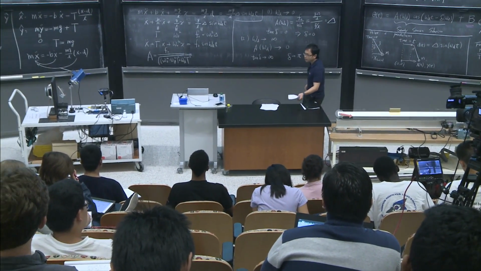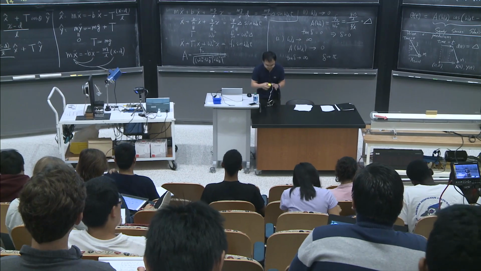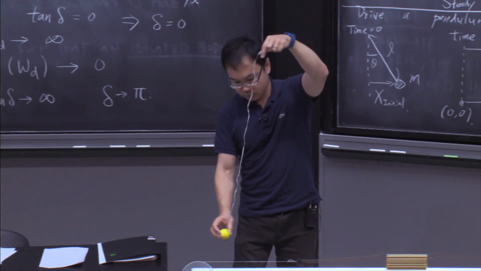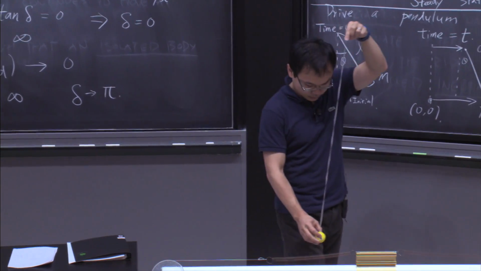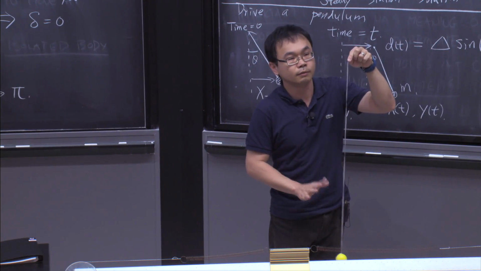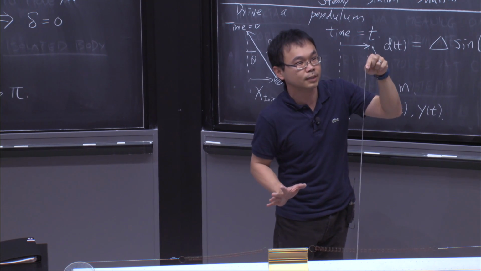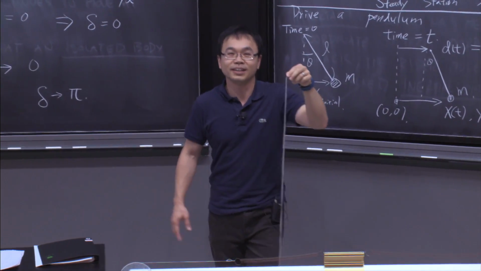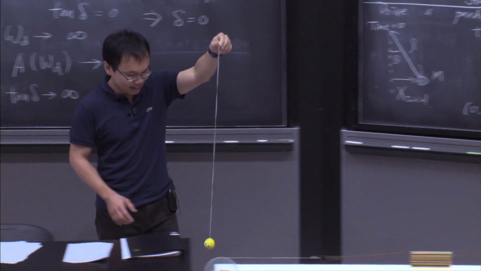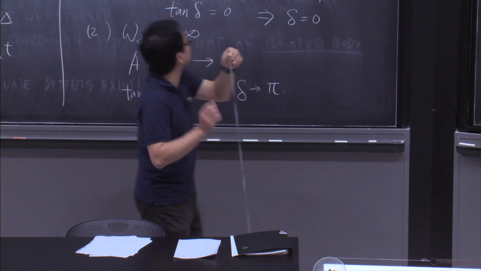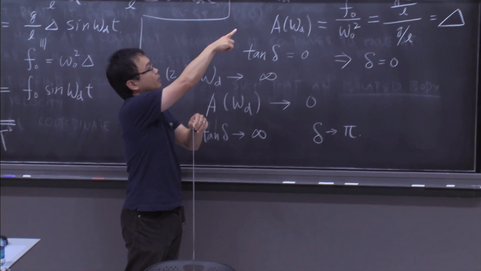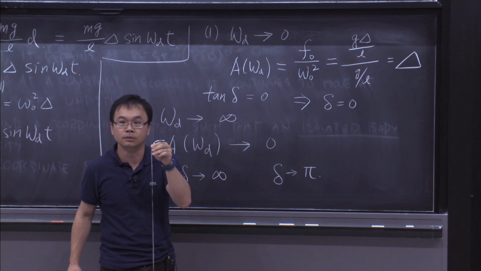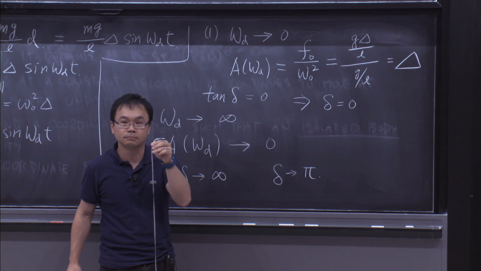Okay, so what I'm going to do now is to take a small toy, which I made for my son, who is 1 year old now, because I would like him to learn waves and vibration before he goes to quantum, right? So I made this toy, and he sort of gets it. All right, so now I can demonstrate what is going to happen when omega d is approaching 0.